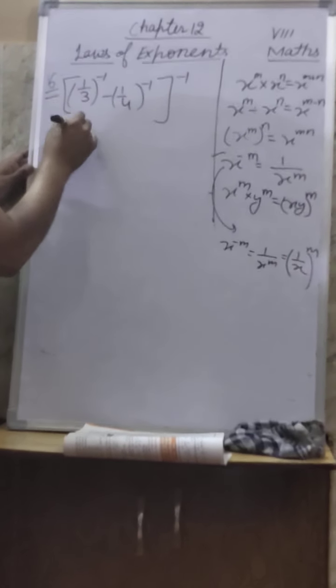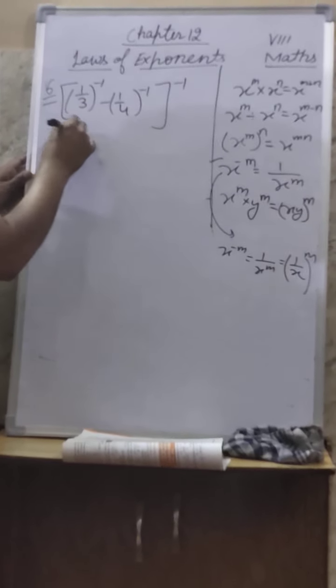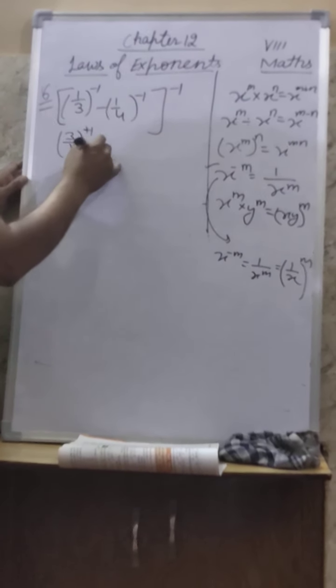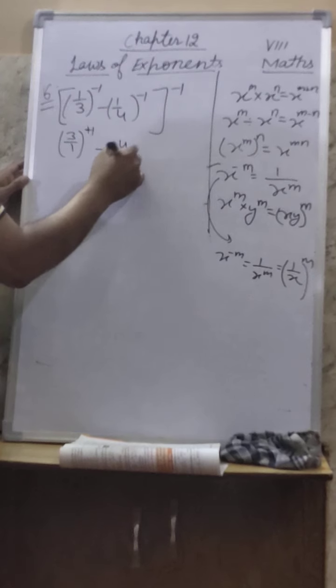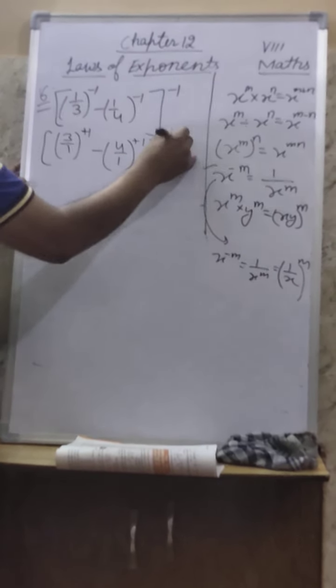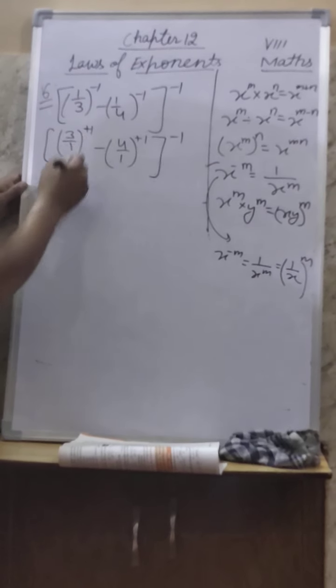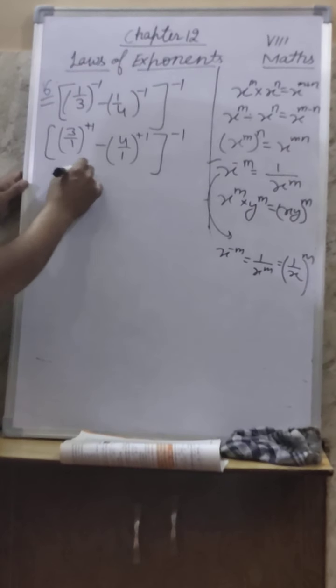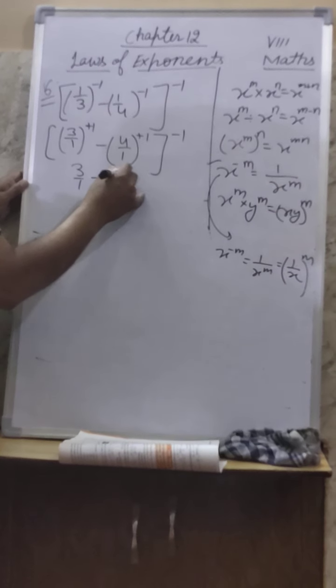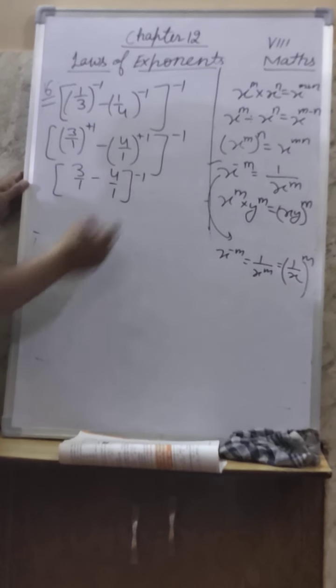So 1 by 3, if you take the reciprocal, the power will be plus: 3 by 1 power plus 1 here, and it is 4 by 1 power plus 1. So this is minus 1. So this is 3 by 1 power 1, it is 3 by 1, 4 by 1, it is this one.